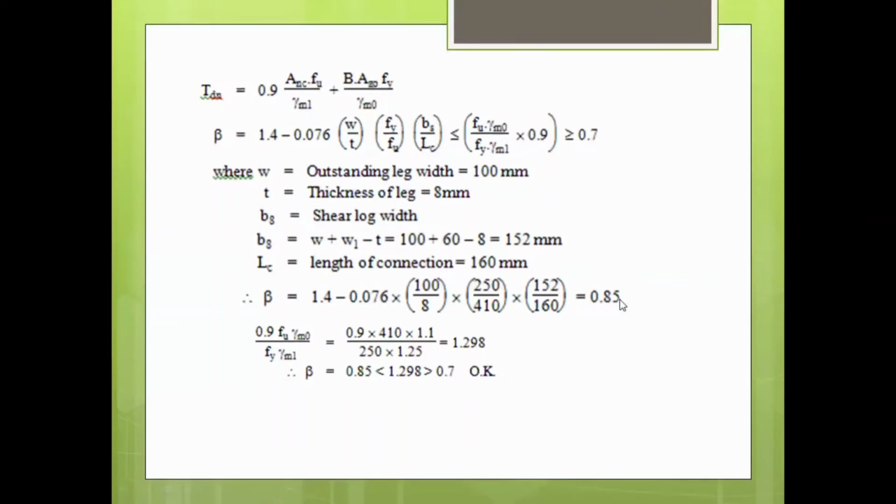So my evaluated value of beta is less than 1.298 as per the condition and greater than 0.7. So beta is less than this ratio as well as more than 0.7. So my beta value to be considered is 0.85.